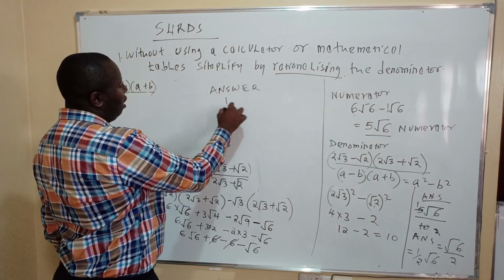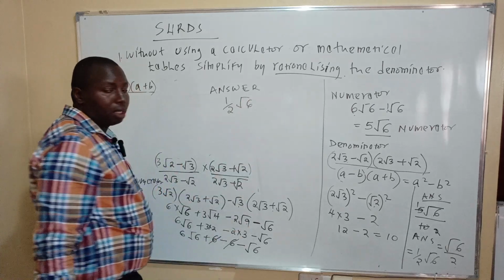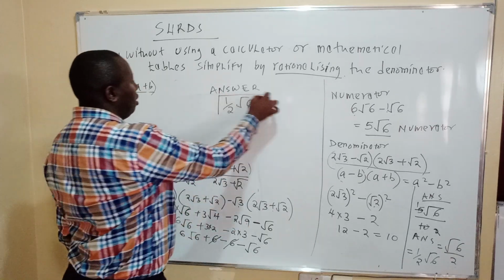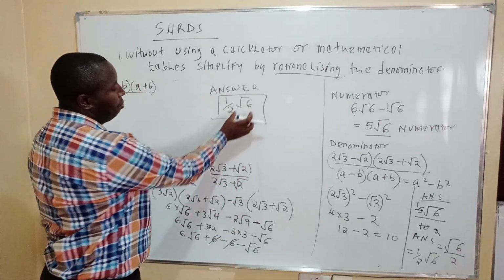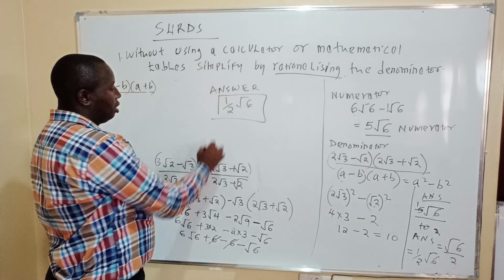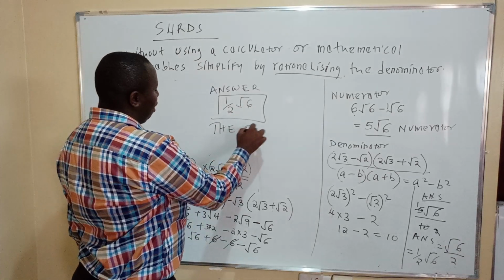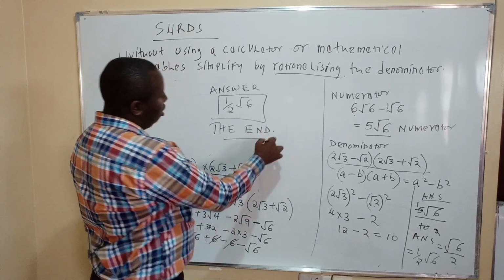You can write that. You don't have to simplify root 6, so it can remain like that. So that is the end of that surd question.